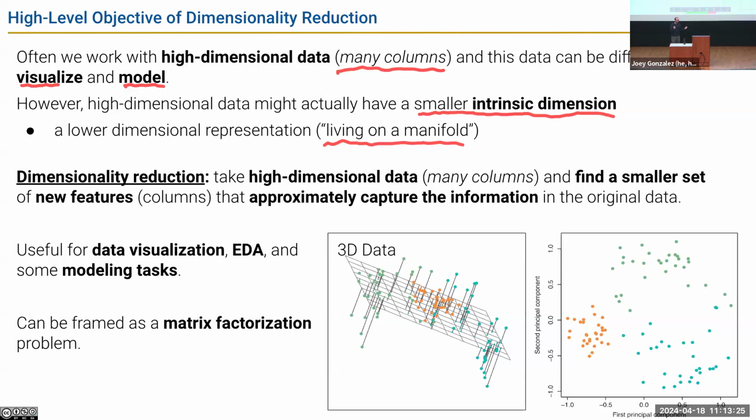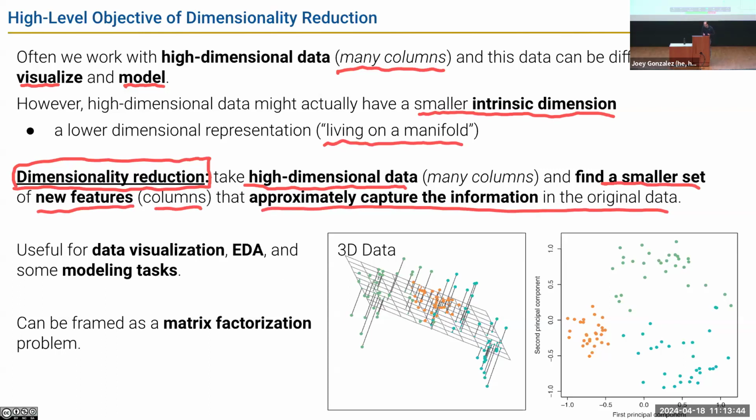Right? So we measured all this stuff, but I just want the true basic dimensions of my data. This is dimensionality reduction. The goal is to take our high dimensional data and find a smaller set of new features, columns that approximately capture this information. So that was what we were trying to do.